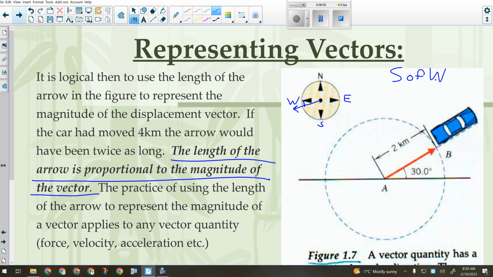If somebody tells me I'm going to be going 70 degrees north of east, I'm going to put my pen on east and go until I think I'm at 70 degrees. There's my line, there's my arc, that's 70 degrees north of east. Everyone kind of follow that? Whatever direction is listed second, that is your reference. Put your pen on that and move in the direction of the other one.